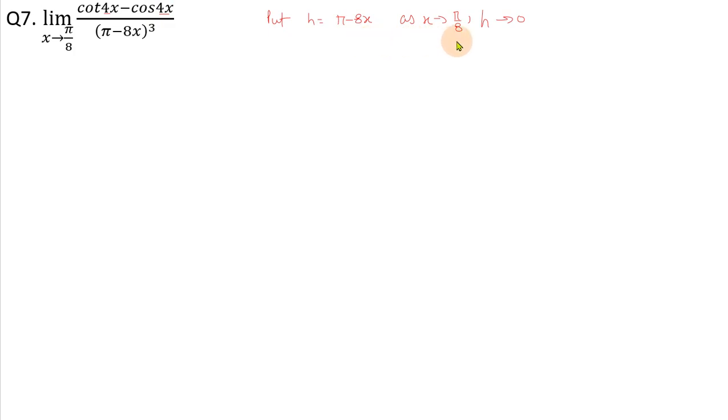So the value of 4x becomes pi by 2 minus h by 2. From this term you can divide by 2, so you get 4x equal to pi by 2 minus h by 2. Since the variable is changed, we write limit h approaches 0, and this is cot(90 minus h by 2) minus cos(pi by 2 minus h by 2), and this is h cube here.